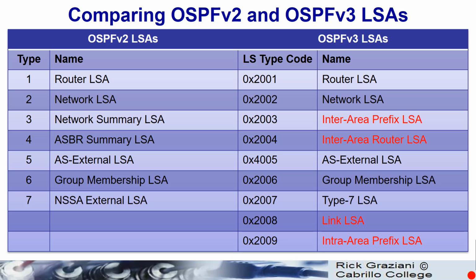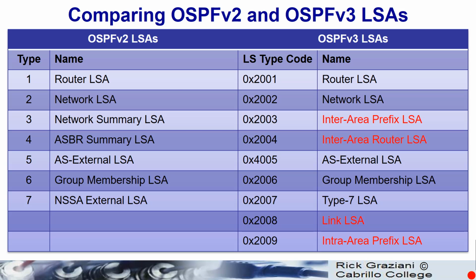There is no IPv6 specific information in them, which is different from OSPF version 2. The LS type of an AS external LSA is set to the value of, you'll notice here, 0x4005. That's so that an external LSA has an AS flooding scope. You'll notice that that is one of the only ones that's different from the rest of them.